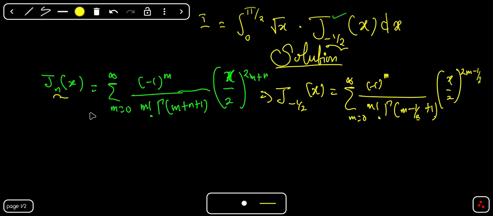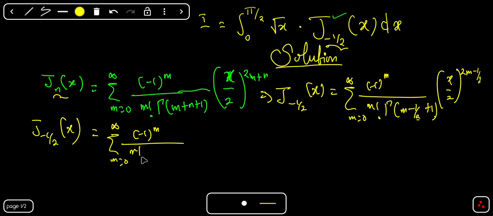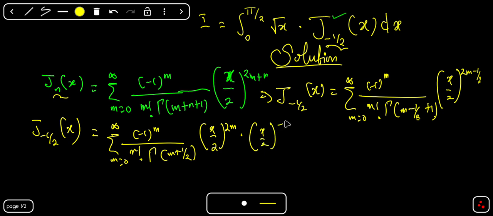So the Bessel function of order negative half gives us the sum of m from 0 to infinity of minus 1 raised to the power of m over m factorial, gamma of m plus half, multiplied by x over 2 raised to the power of 2m, multiplied by x over 2 raised to the power of minus 1 over 2, if you apply the law of indices right here.